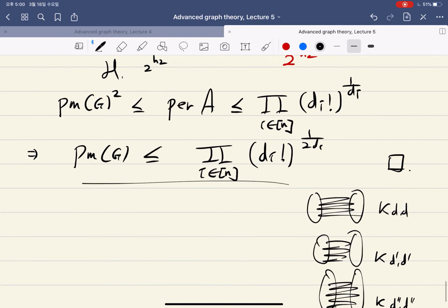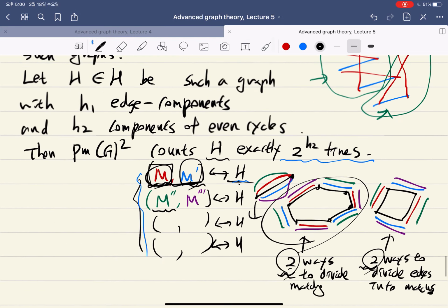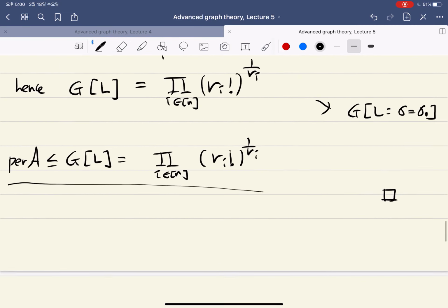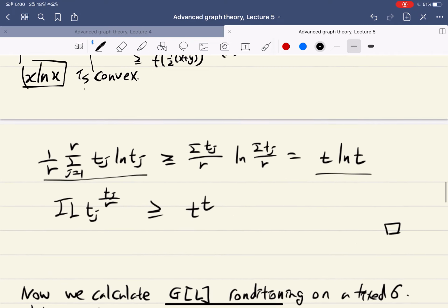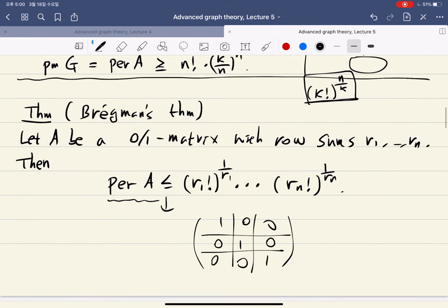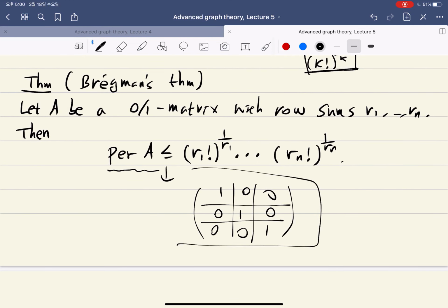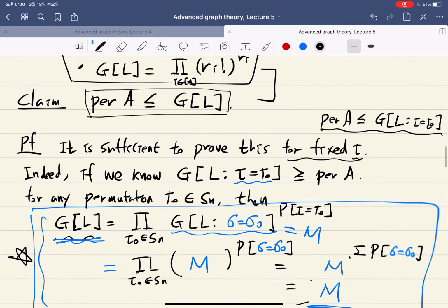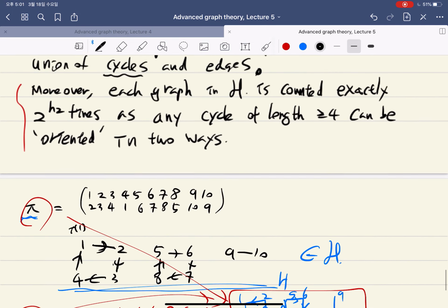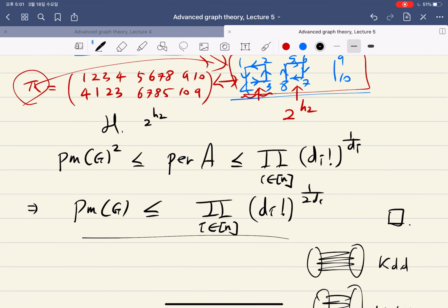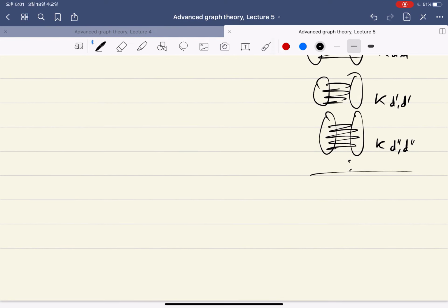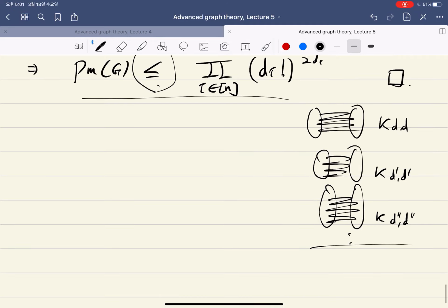And I mentioned that this Bregman theorem gives you equality if and only if the matrix you get is a block diagonal matrix with the ones in there. And using that, you can actually prove that the equality here also happens with the disjoint union of complete bipartite graphs.